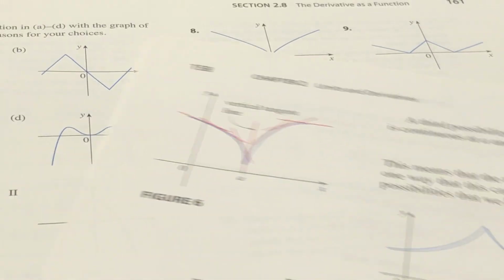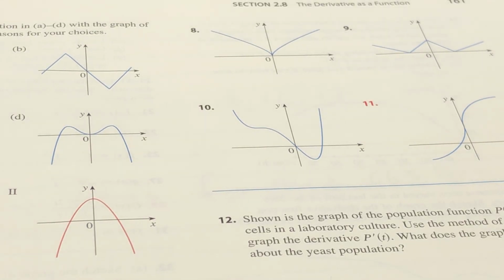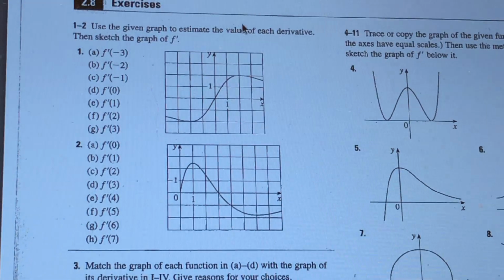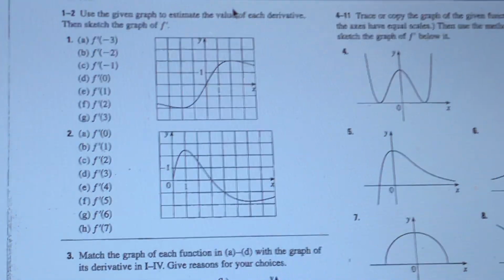Okay, great. Before we go on to just 2 more derivatives, what I want you to do is go to this page I printed for you. Let's look at it.